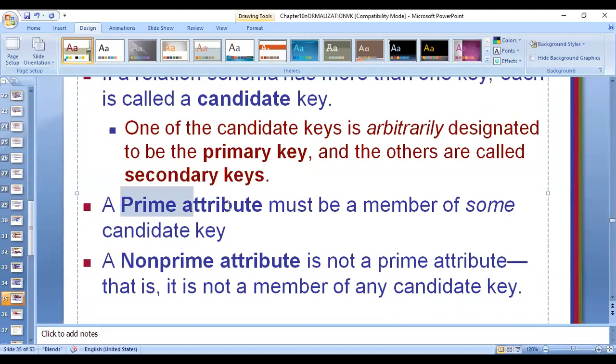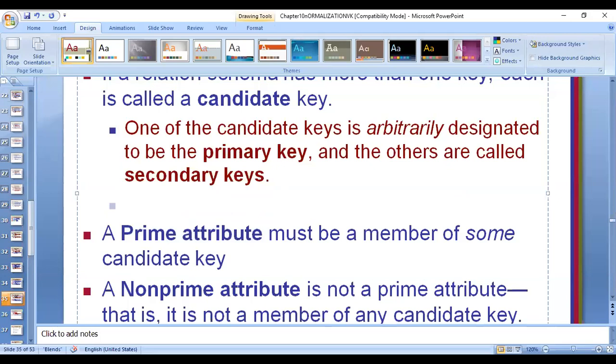A prime attribute is an attribute which is either a primary key or a part of a candidate key. That means a prime attribute is one which uniquely identifies every tuple and is not the same for any two tuples. In our first chapter, we had an example of a table called department. The department table contains two attributes: department number and department name.